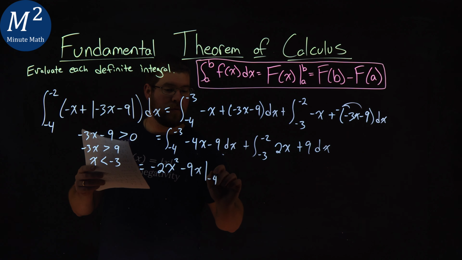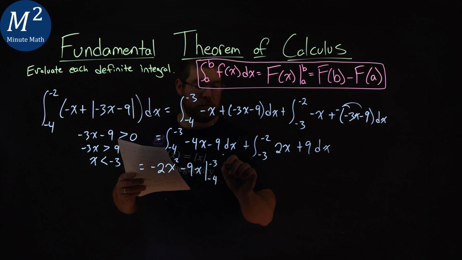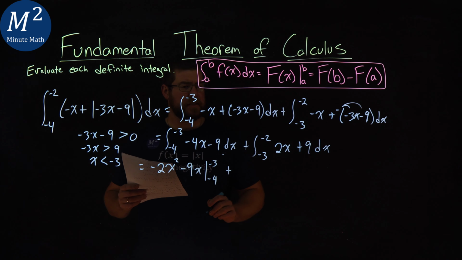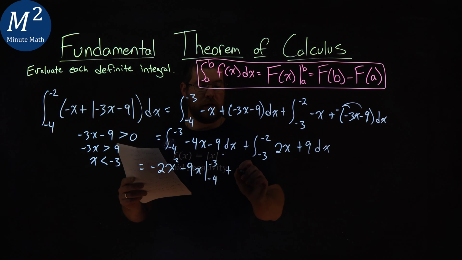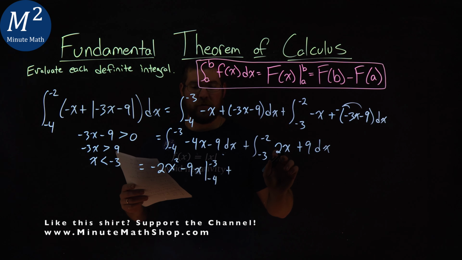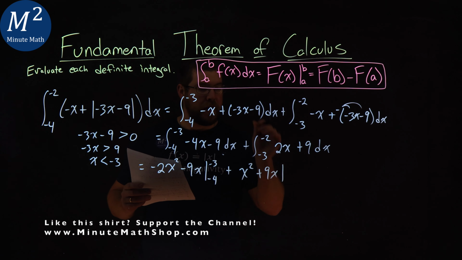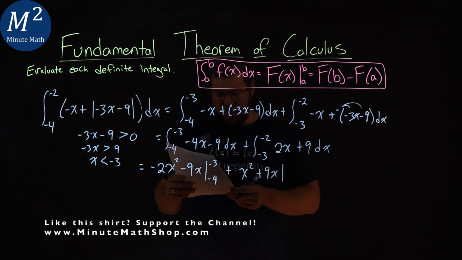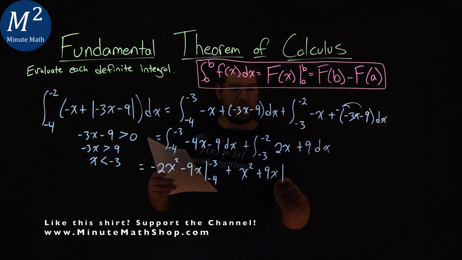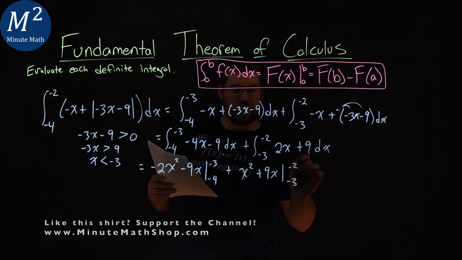And we're going to do that from negative 4 to negative 3. Plus, same thing here, we want to find the integral. So we have the integral of 2x is x squared plus 9x. And we're going to integrate this from negative 3 to negative 2.